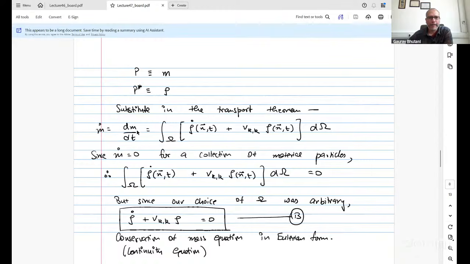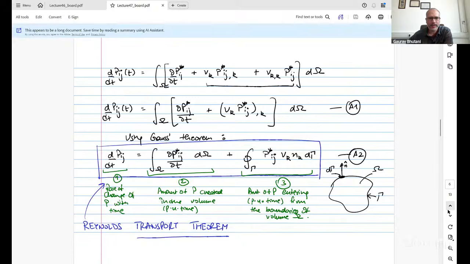And then when we write that using the transport theorem, we get d by dt over the intensive quantity. Let's go back and show you the expression.